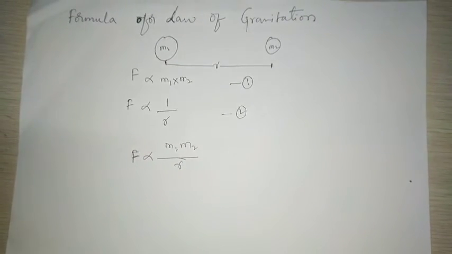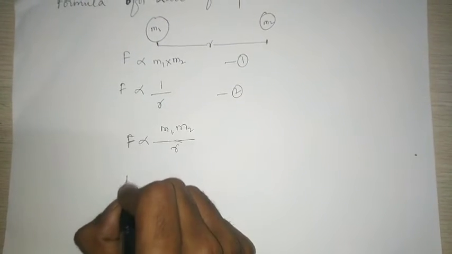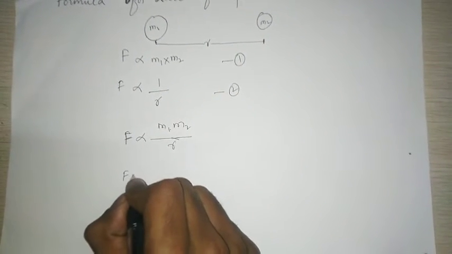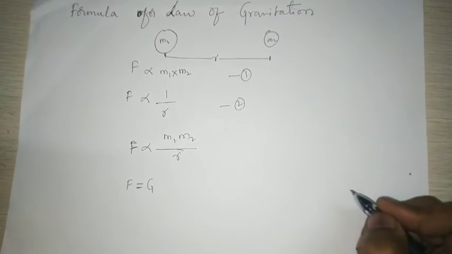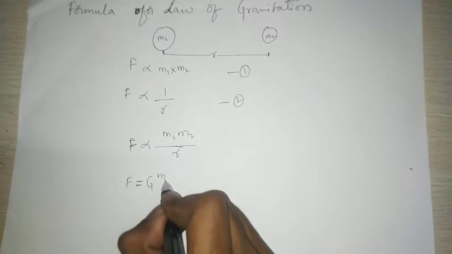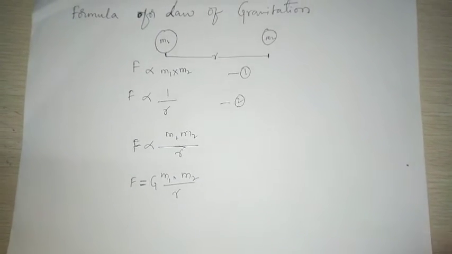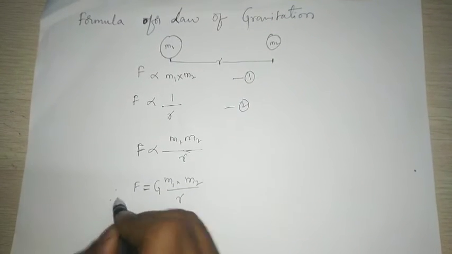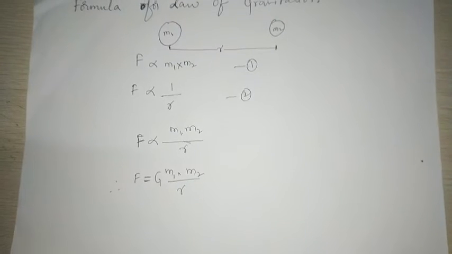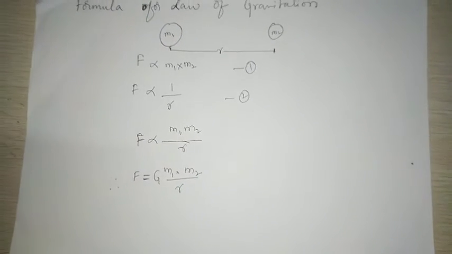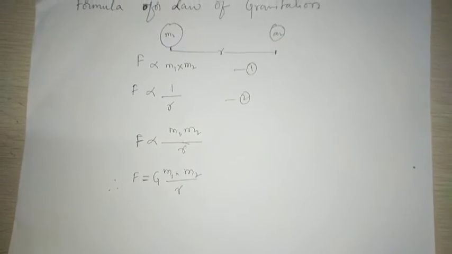To write the equation, we will have a constant, the gravitational constant G. So F equals G m1 m2 by r. This is the final formula for finding the gravitational force between two objects with masses m1 and m2, with distance r between them.